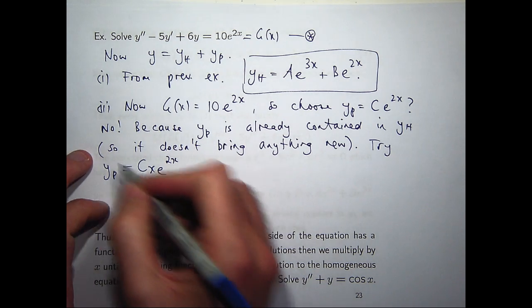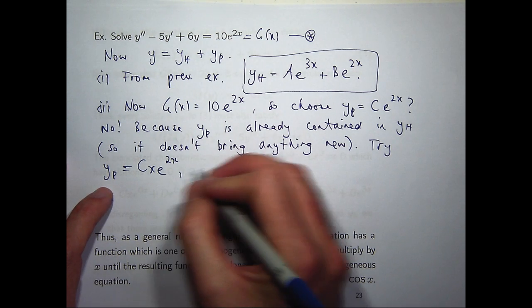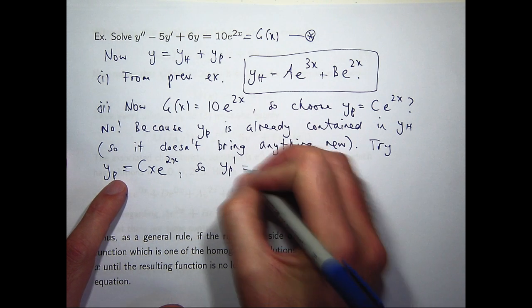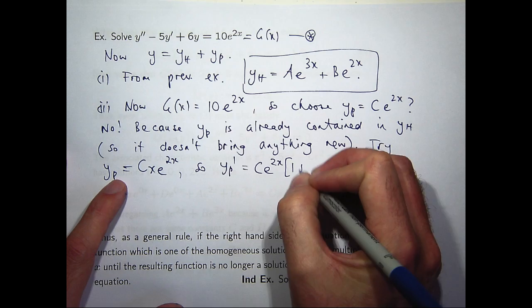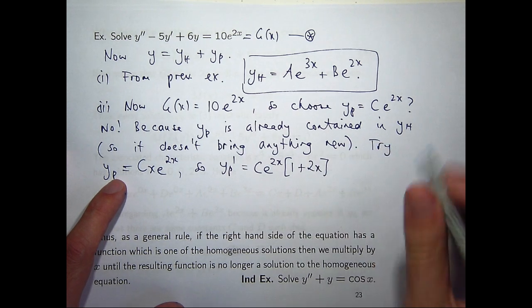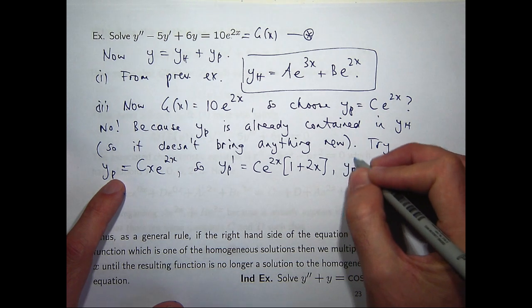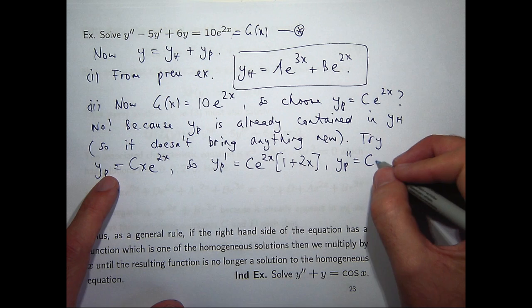Okay, so let's differentiate this once, differentiate this twice. You need the product rule. So if I differentiate this once, my calculations give me the following. And if I differentiate it twice, again, my calcs give me the following.